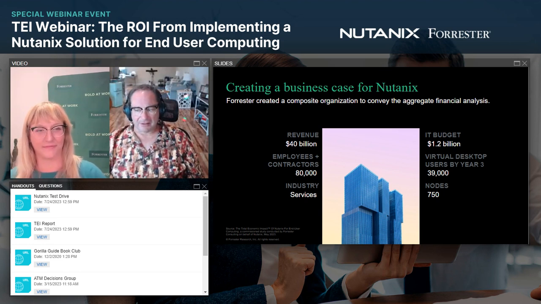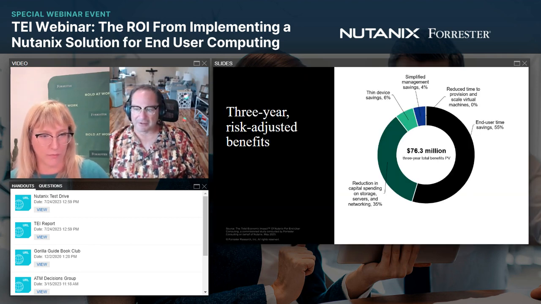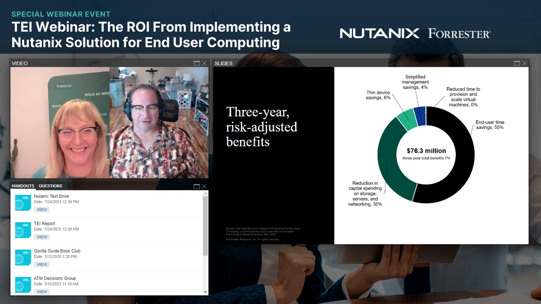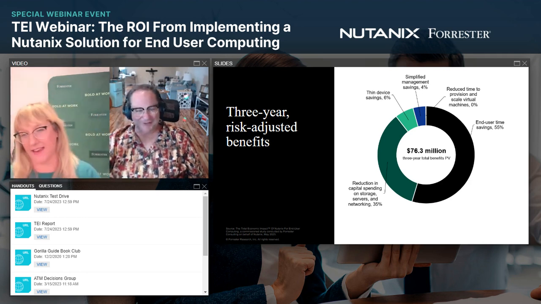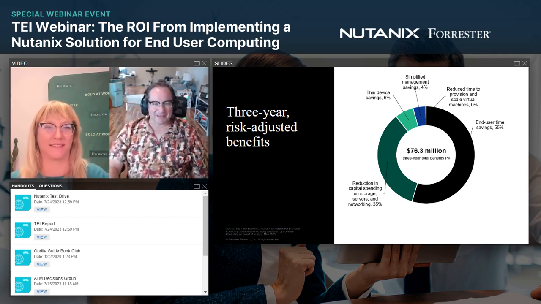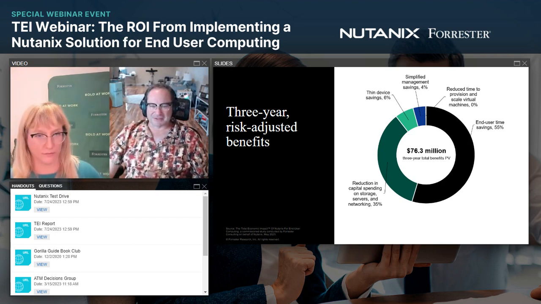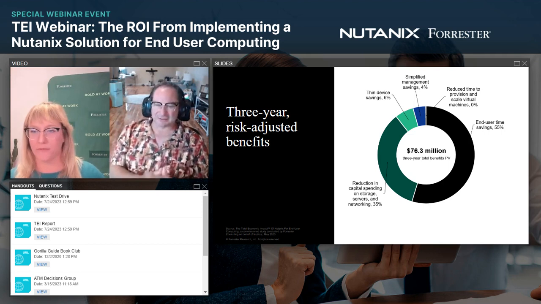But Courtney, the next piece that we're talking about here is probably, I know I keep saying it, my favorite, because, I skipped right over it, it's a donut graph. And who doesn't love donuts? Homer Simpson, again. But tell me, in digging into it, what's the 55% EUC time savings? What's that translate into? Sure.